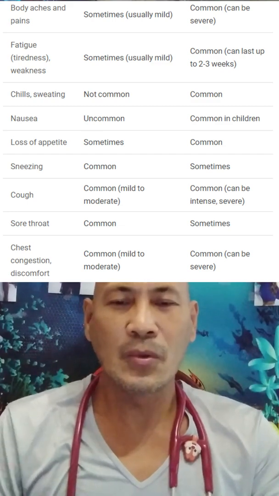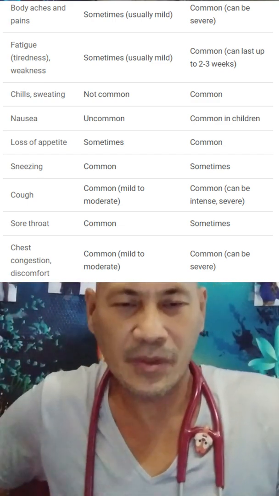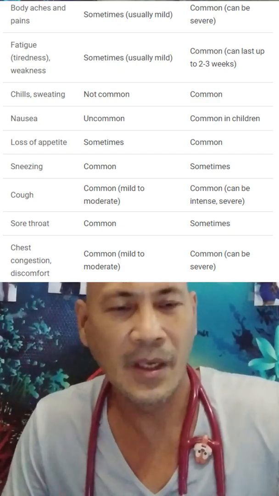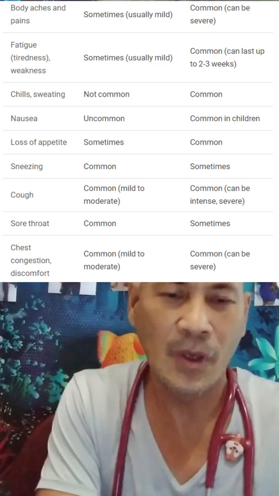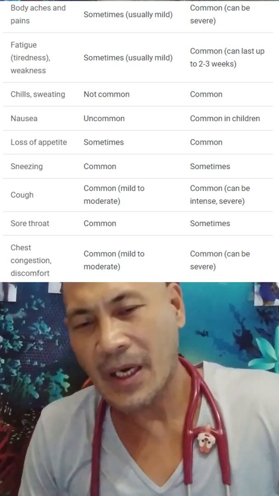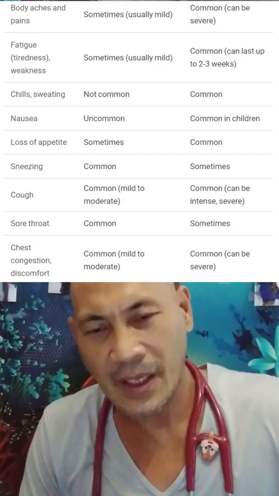Now, with regards to nausea, this is usually common in patients, especially in children, with influenza, and it is uncommon in patients with common colds. Loss of appetite is common in influenza and sometimes in common colds. It is usually common in influenza patients because of the severity of the problem.